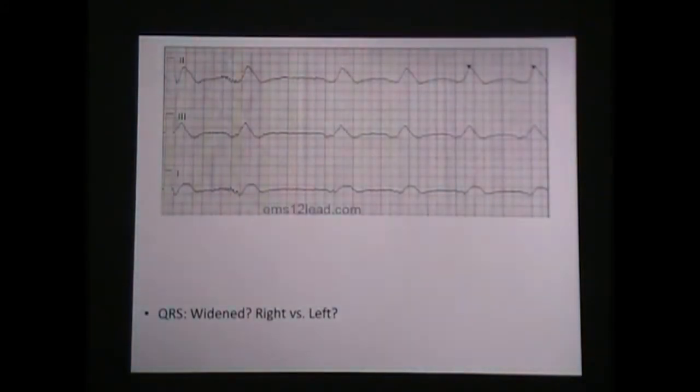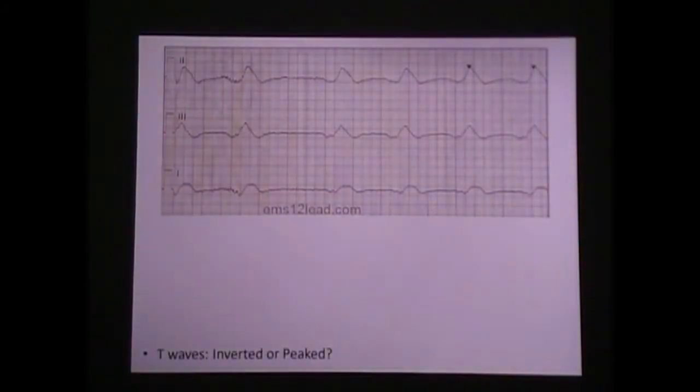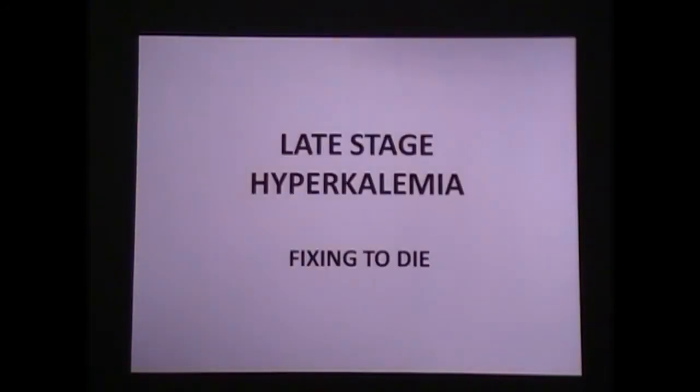QRS widened right or left? If I could call it a left. Well, I don't have V1 to do, so all I know is it's widened here. ST segment elevation, couldn't tell you. T waves inverted or peaked, couldn't tell you. So that's late stage hyperkalemia.